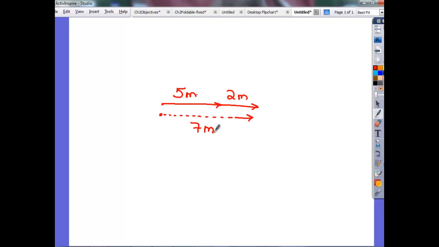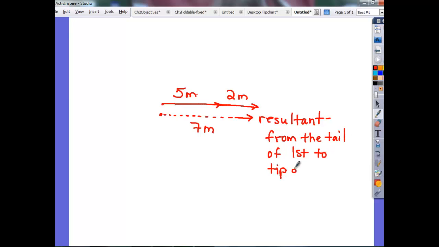So we just added those two because they were in the same direction. And then this, which we call the resultant, always goes from the tail of the first vector to the tip of the last. Okay, that's another way to define the resultant, not just that it is the sum of 2 or more vectors, but that it goes from the tail of the first vector to the tip of the last vector.